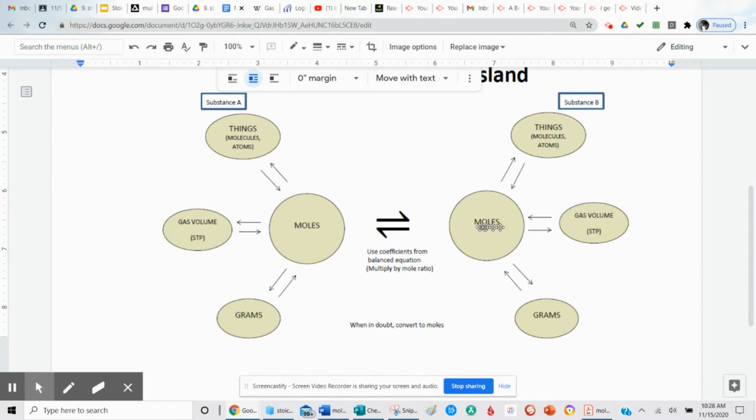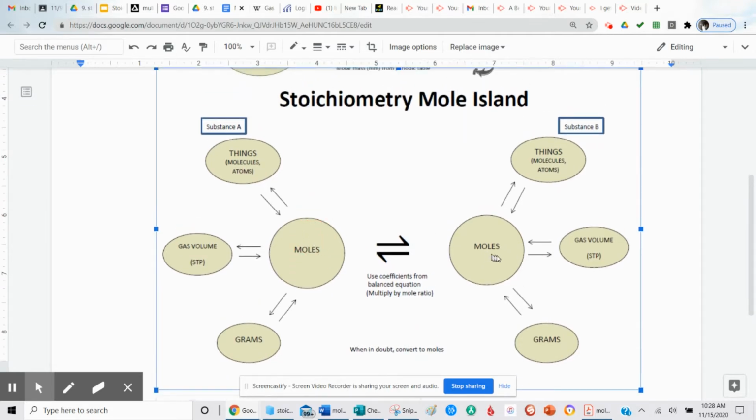Here's our full stoichiometry map, which is basically going from moles to moles, okay? And this is between two substances, between substance A in a reaction and substance B in a reaction. And to go from moles to moles, we would use the coefficient from the balanced equation.